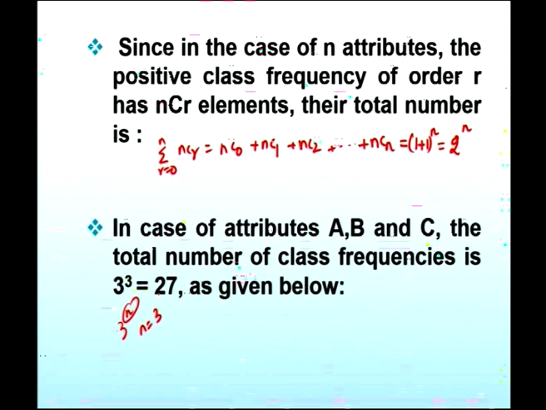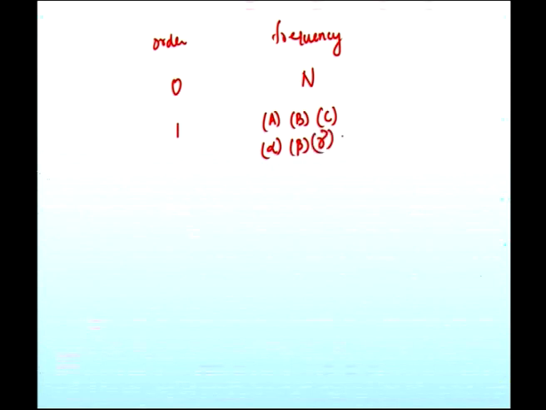First of all, let us talk about the order and frequency. Order 0, the total frequency N. For order 1, we have A, B, C, with the 3 symbols A, B, C. Only one order, so it should be written as only one letter in a bracket, because it is going to be a frequency of order 1, and then its complements alpha, beta, then gamma.